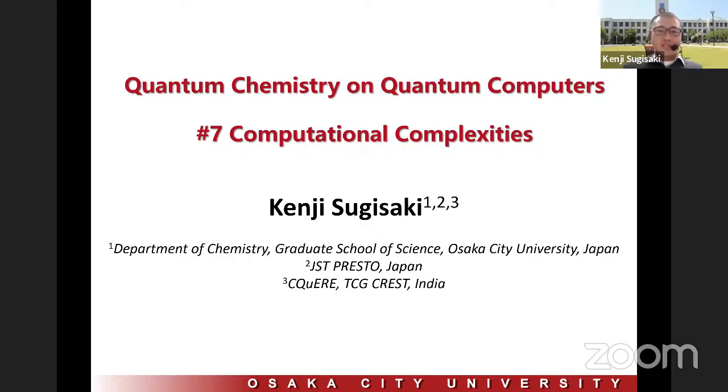And welcome to the 7th lecture of the lecture series on quantum chemistry on quantum computers. Today I'm going to talk about somewhat different topics from the other lectures. Today I'm going to talk about computational complexity.